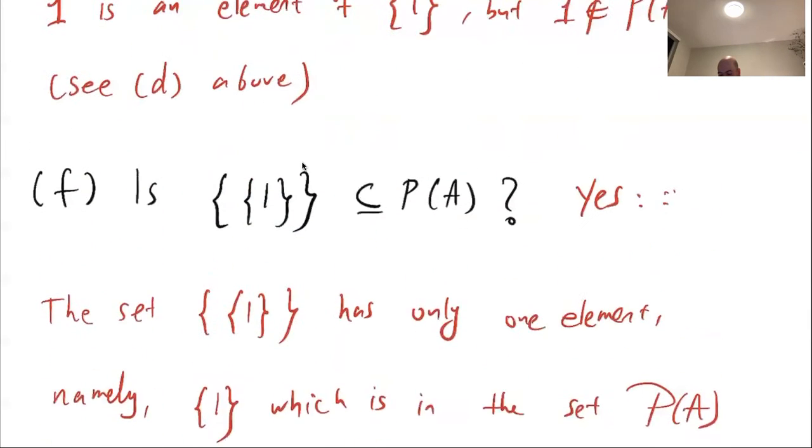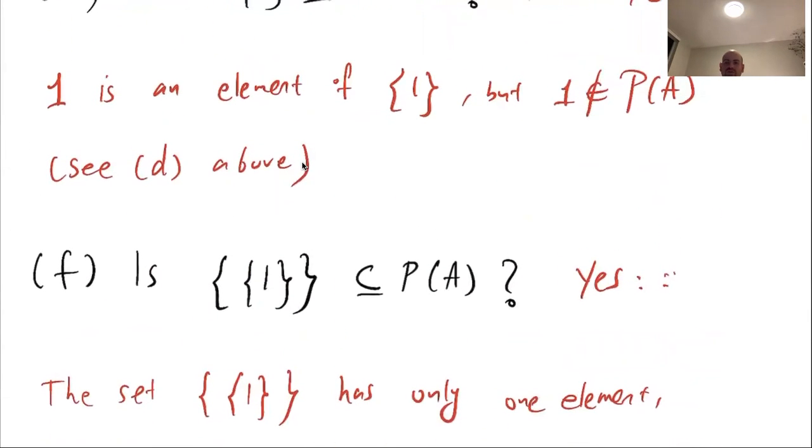So far we talked about P of A, which is a little bit more confusing compared to A, because P of A is the set whose elements are subsets of A. That's a little bit confusing for some students, because they used to encounter sets whose elements are numbers, right?